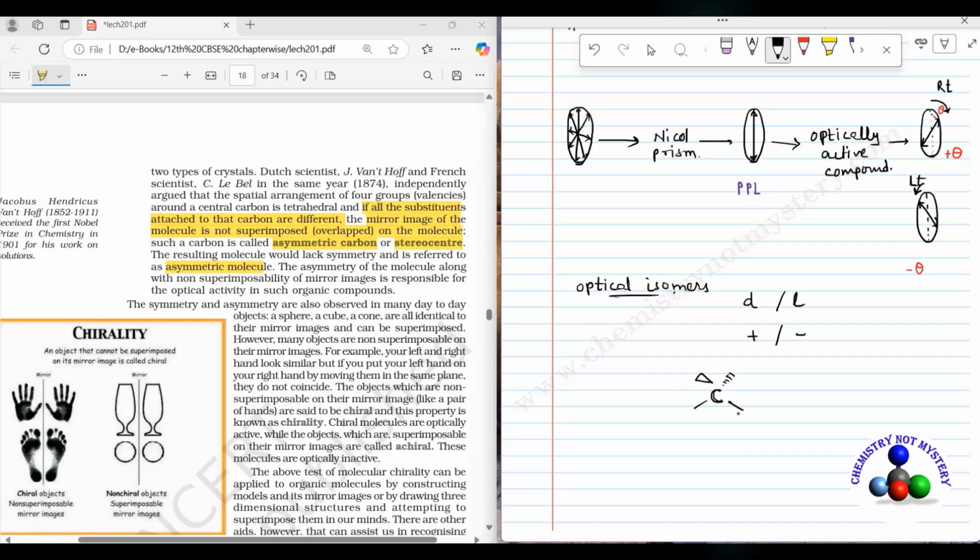So that's how we can draw 4 valencies of tetrahedral carbon in 2D plane. If these 4 valencies are bonded to different groups, for example, this is A, B, C and D, such carbon which is bonded to 4 different groups is called asymmetric carbon.